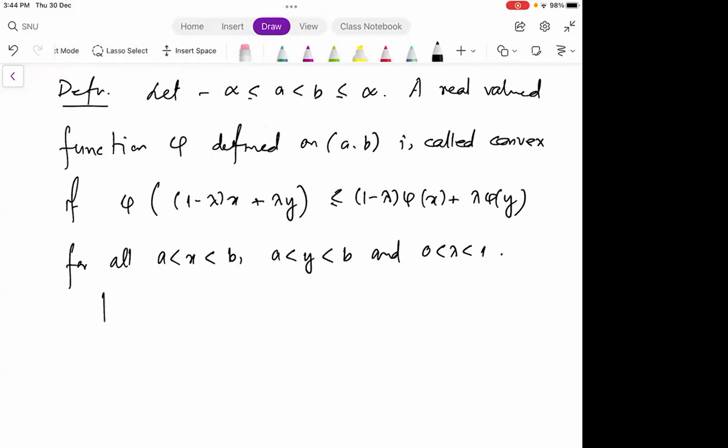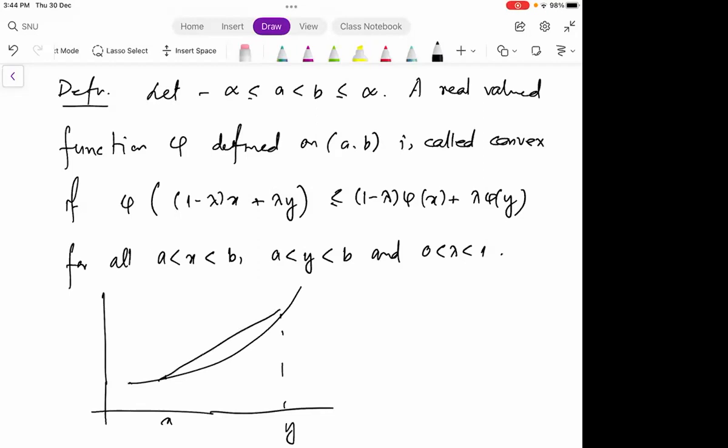Because there's nothing better than actually drawing, the function is something like this. Suppose this is x, and perhaps that is y, and this is the line.